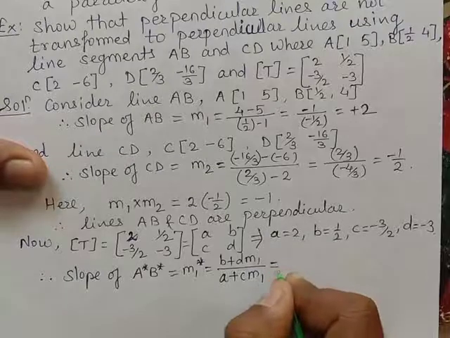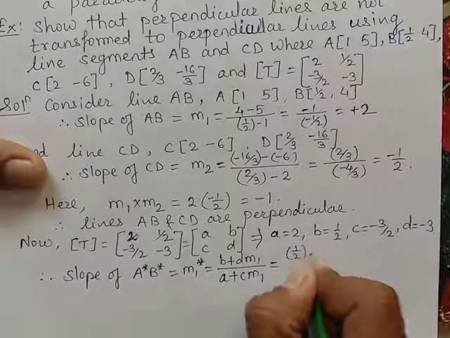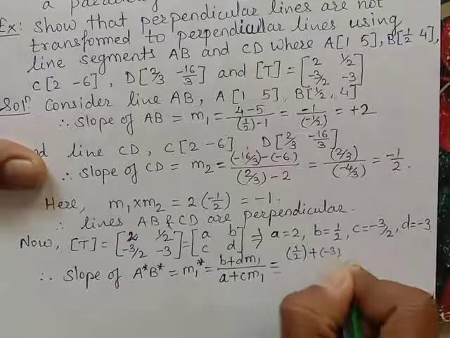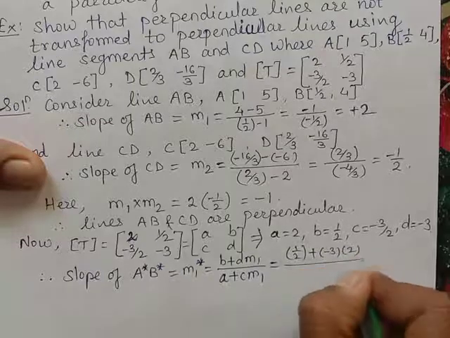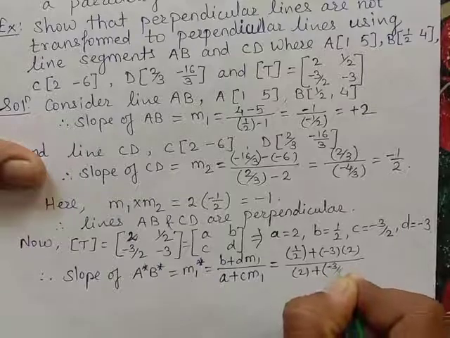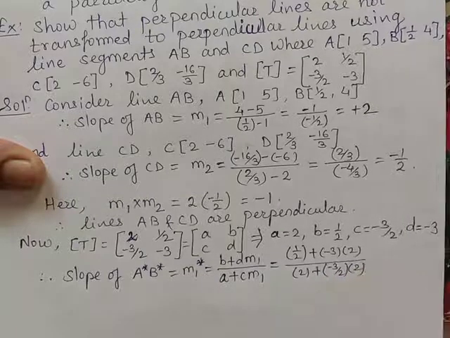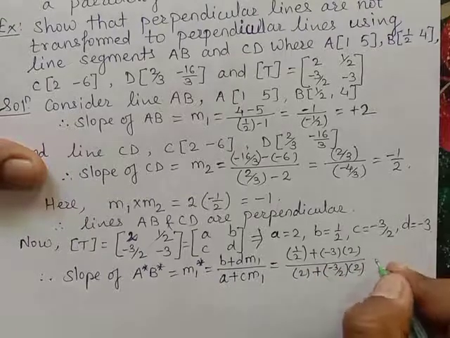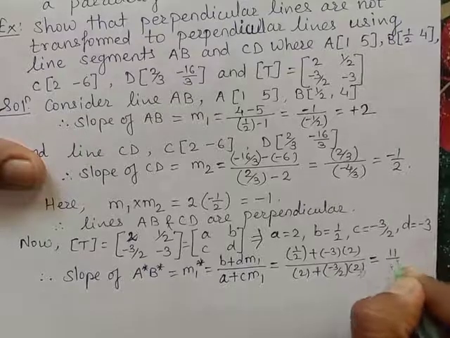So it is equal to half plus -3 into 2 upon 2 plus -3/2 into 2, and that is nothing but, simplifying it, you will get it is 11/2.